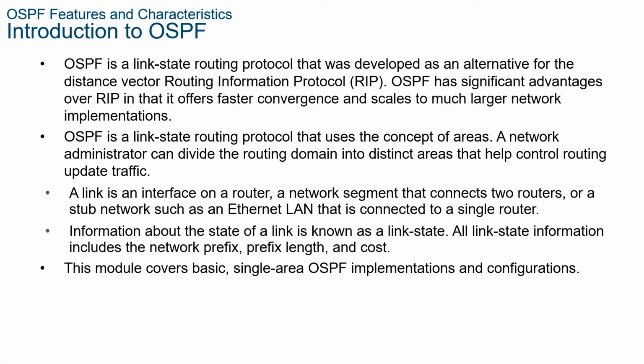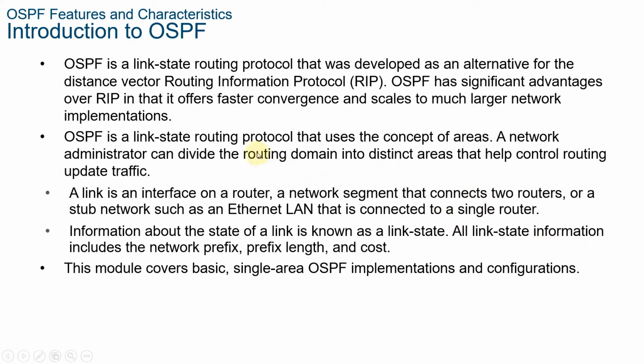However, RIP's reliance on hop count as the only metric for determining the best route quickly became problematic. Using hop count does not scale well in large networks with multiple paths of varying speeds. OSPF has significant advantages over RIP in that it offers faster convergence and scales to much larger network implementations.